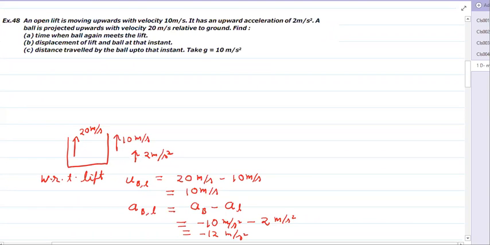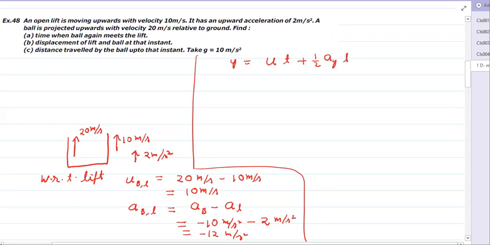These are the acceleration and velocity. Now we have to find the time elapsed. For that, we write the equation y equals u_y t plus half a_y t square, with everything relative. Displacement of ball with respect to lift, the relative displacement, will be 0 because finally the ball is again on the lift itself.